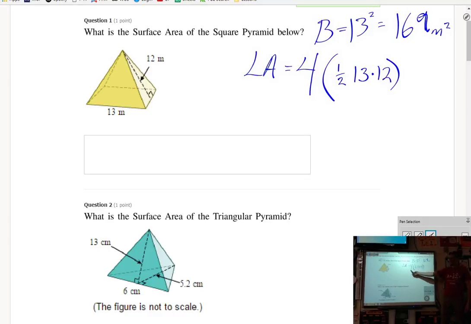4 faces each have this area because they're all identical. So I can actually do half of the 4 and make this 2 times 13 times 12. I can do 2 times 13, which gives me 26, and do 26 times 12. 26 times 10 would be 260, plus another 2 26s.